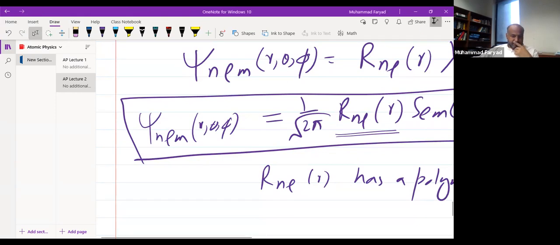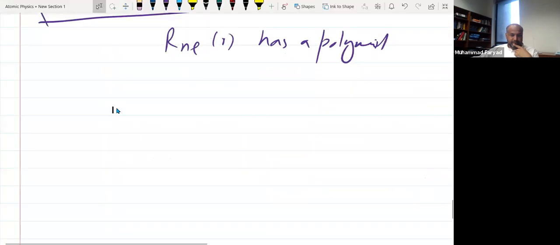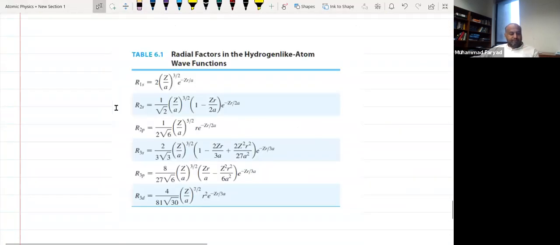Let's see if it pastes here. Perfect. So we see that we have this radial function for the case of psi 100, and you see that its polynomial order is 0 because I don't see any r over here.